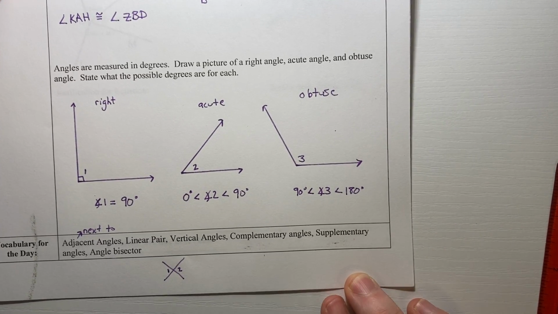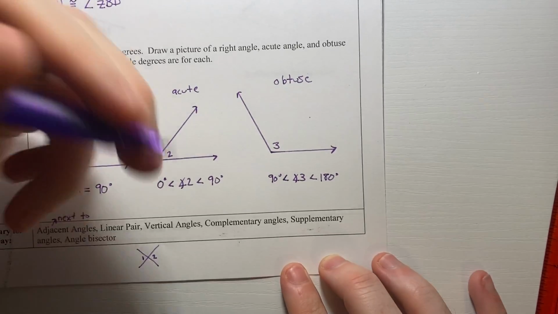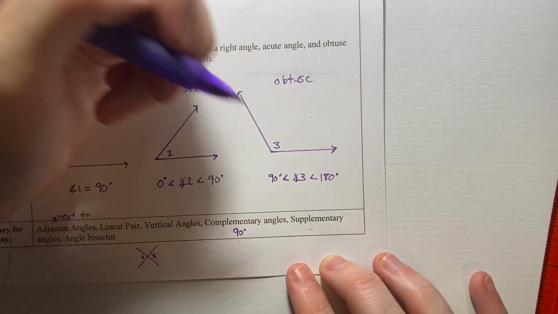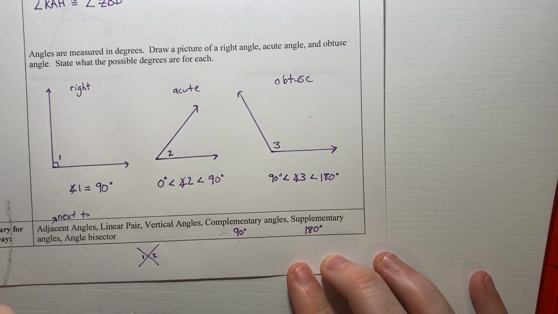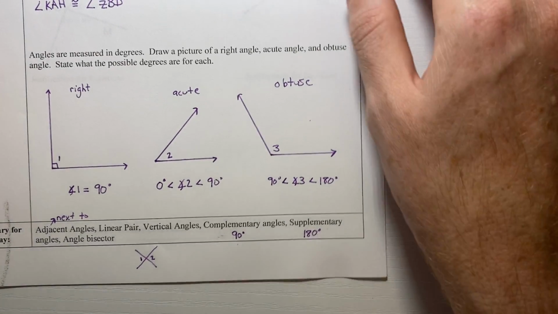Sorry, I'm trying to squeeze this in. I'm running into my wall. Angles 1 and 2 are vertical angles that are across from each other. Complementary angles are angles that add up to be 90 degrees. And then supplementary angles are angles that add up to be 180 degrees. So we're going to use these vocab terms to help us prove and solve the problems on the next page.